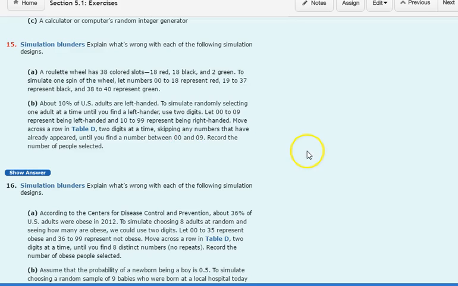You don't have to skip numbers because each number you draw represents a percentage. So you're saying, I'm getting somebody who's a left-hander, I'm getting somebody in the group that's a right-hander. But each number doesn't represent an individual person, it just represents being part of a group of left-handers or a group of right-handers. So I don't need to skip repeated numbers. It's okay to use repeated numbers in this situation.